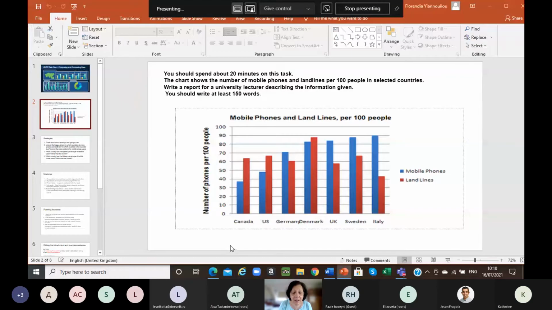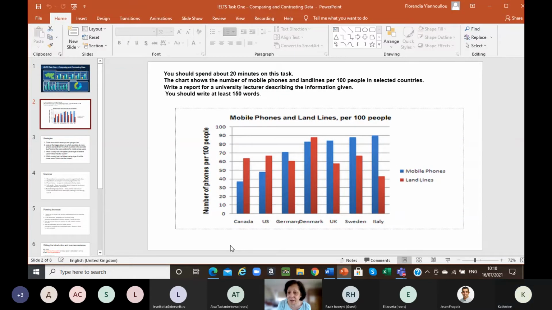It's not a mobile. Yes, it's wired. It's the phone we have in the house, isn't it? So if you look there, which country has the most landlines? Denmark. And the lowest is Italy, isn't it?